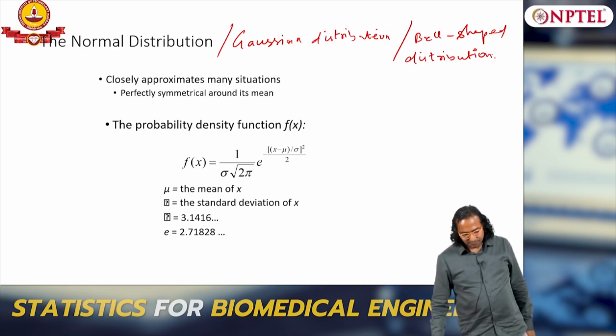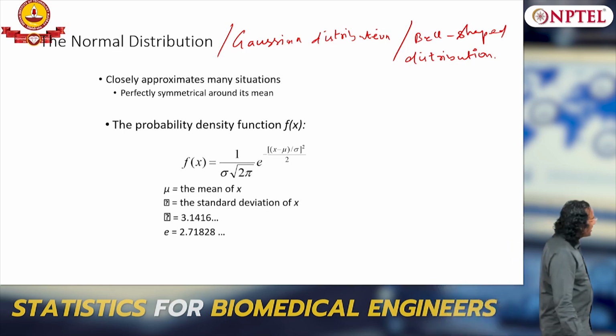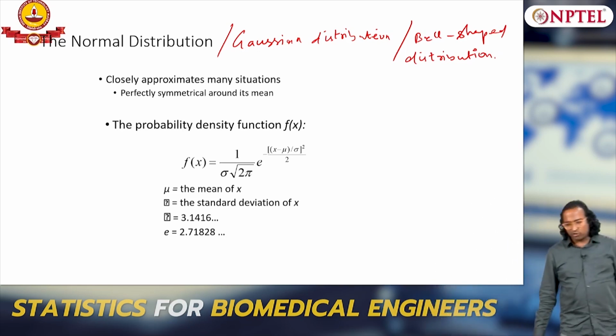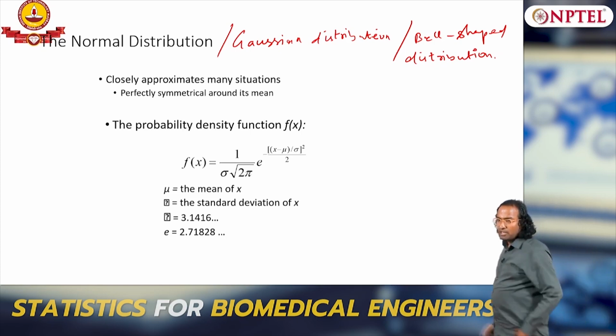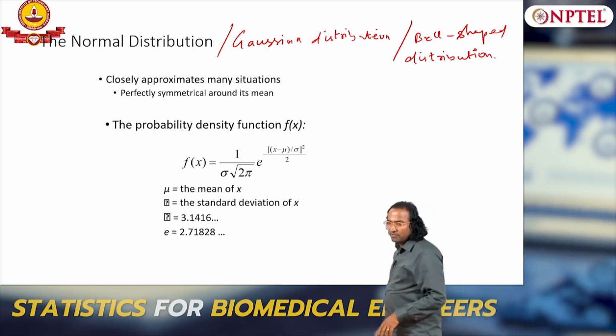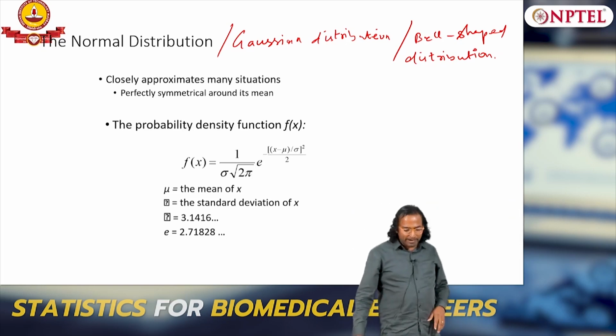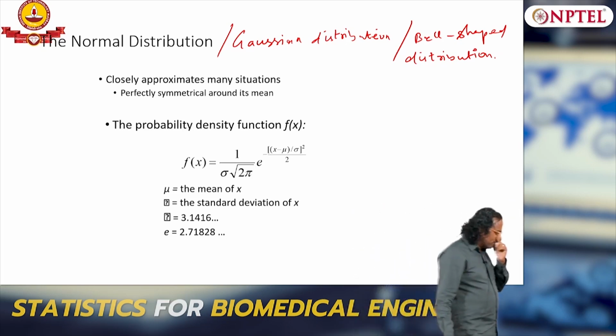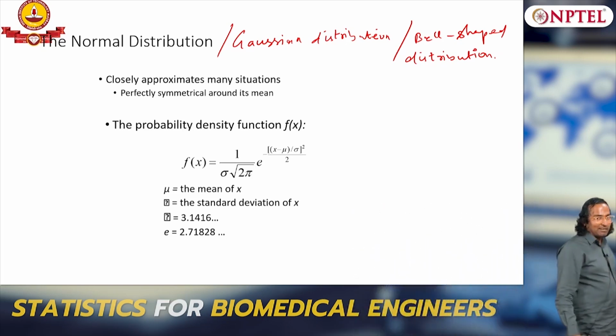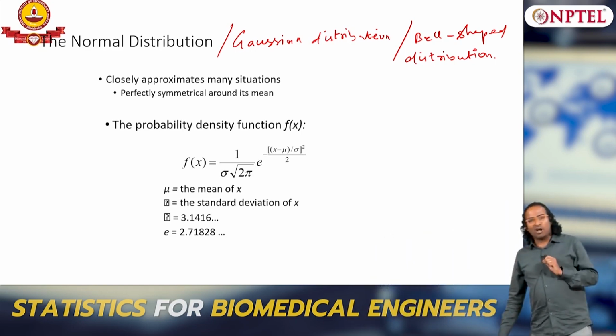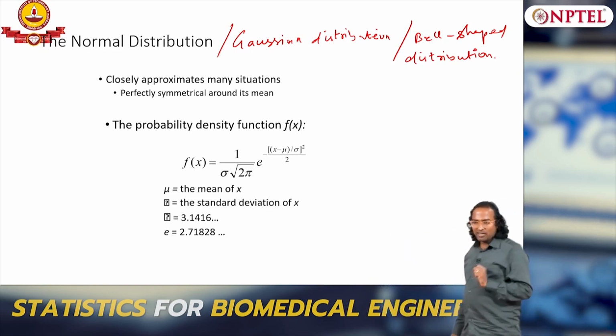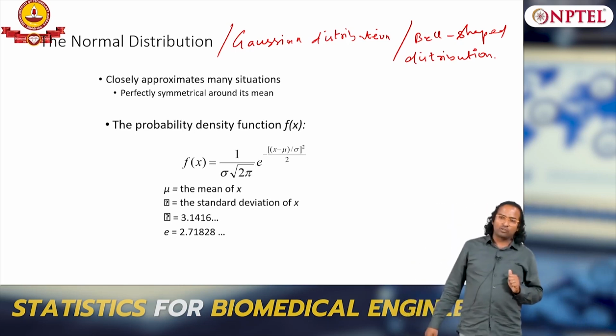It is very important because it closely approximates many real situations. It is perfectly symmetrical about its center point, which is the mean. So it is bell shaped. The truly interesting factor about this distribution lies not just in its bell shaped curve or its close approximation to reality.